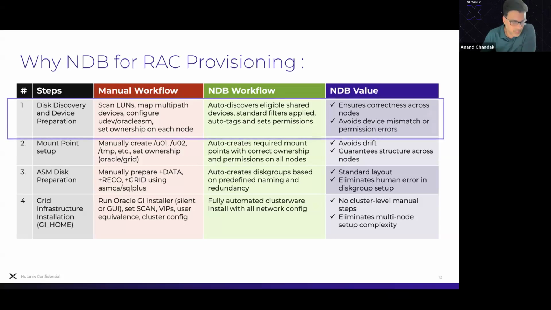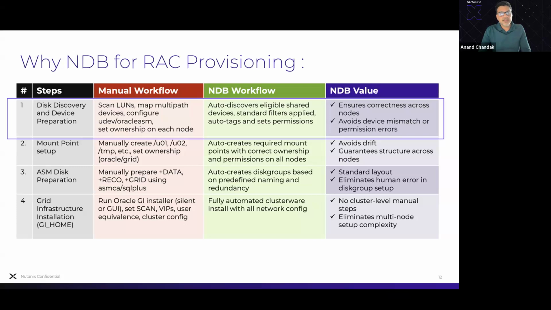So the first step is disk discovery. The red column essentially shows the manual steps that you need to do, the green is how NDB performs the same workflow, and the blue is where we highlight the value that we add as a product here. In step one, the disk discovery, manually your DBAs have to scan the LUNs, map multipath devices, and configure the UDEV rules on each node.